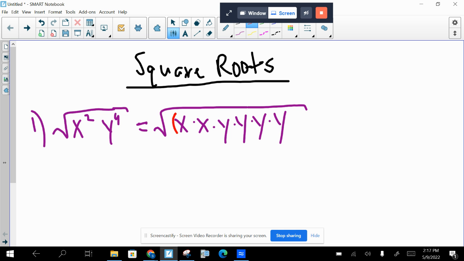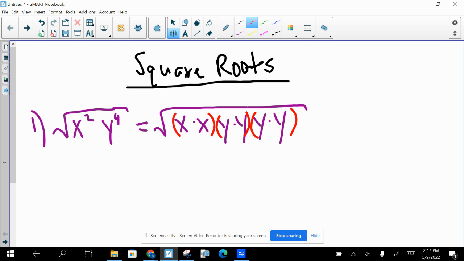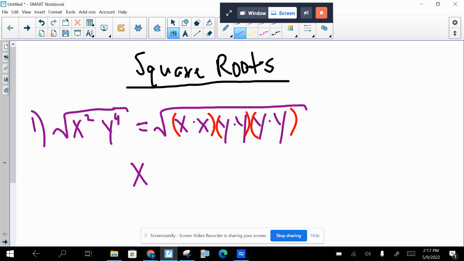I'm going to put parentheses around the 2 x's, that's a pair, around the 2 y's, and around the other 2 y's. So anything I'm putting in parentheses around any pair, I am able to pull out of the radical. So the x is going to come out as just x. These 2 y's will come out as y. And then these 2 y's will also come out as y.